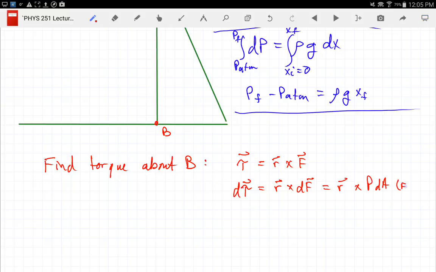I'm just going to put F hat here for the direction, right? Because we know what direction it is going to be in my picture, but it gets a little bit confusing when you just try to throw it up there and you have a cross product. You have to have a vector on both sides of a cross product. You can't have a vector on one, the scalar on the other. Okay, so I have that.